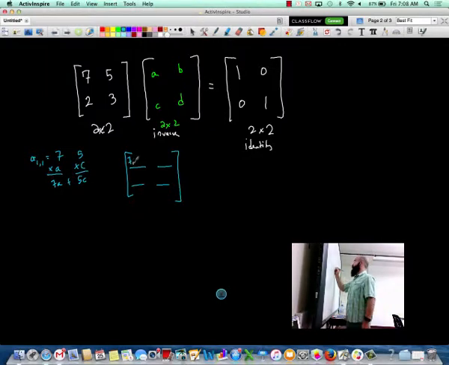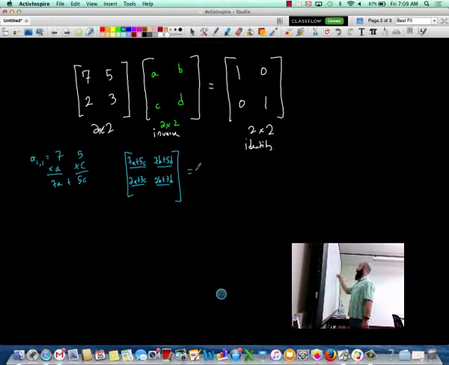So 7A plus 5C goes in row 1, column 1. Now I can do the same thing on each of the other blanks. Row 1, column 2: 7B plus 5D. Row 2, column 1: 2A plus 3C. Row 2, column 2: 2B plus 3D. All right, so that's the multiplication of those 2 matrices.